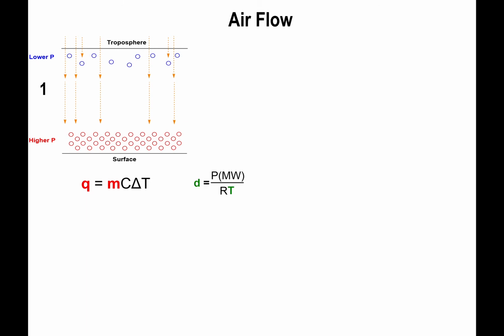All right, now the interesting thing about it is this. We talked about the idea that ideal gas laws provides us a means for determining the density of a gas.